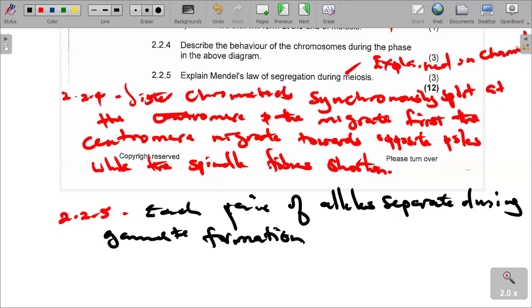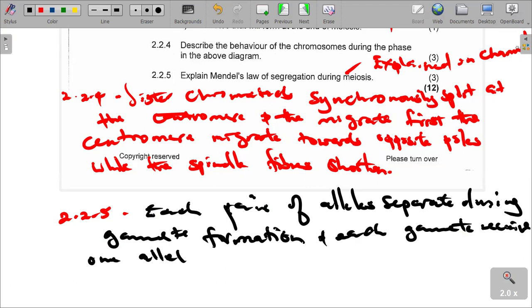They actually separate from each other, and then each gamete receives one allele.